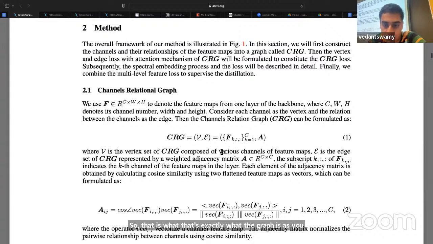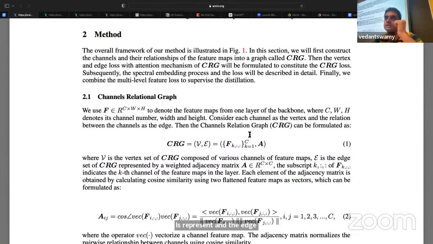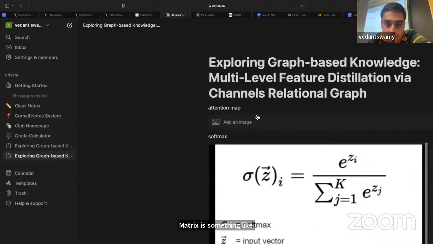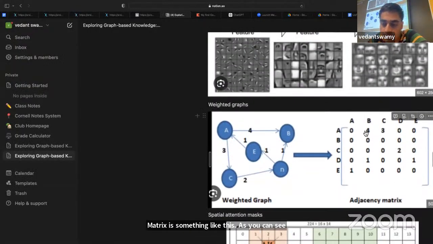It consists of the various channels, and the edge represents how similar two channels are. To mathematically represent this edge, we'll be using a weighted adjacency matrix. A weighted adjacency matrix is something like this, as you can see here, where each entry denotes the weight for each edge.